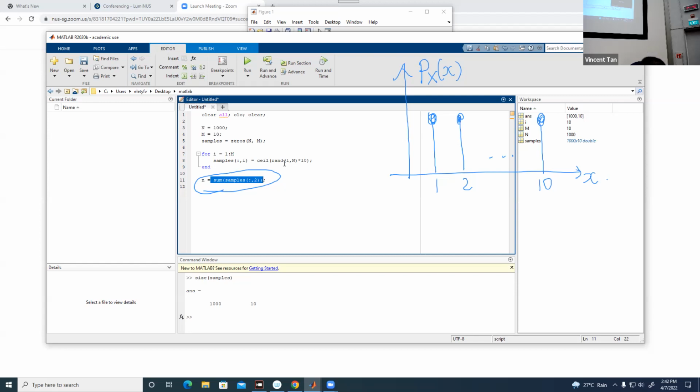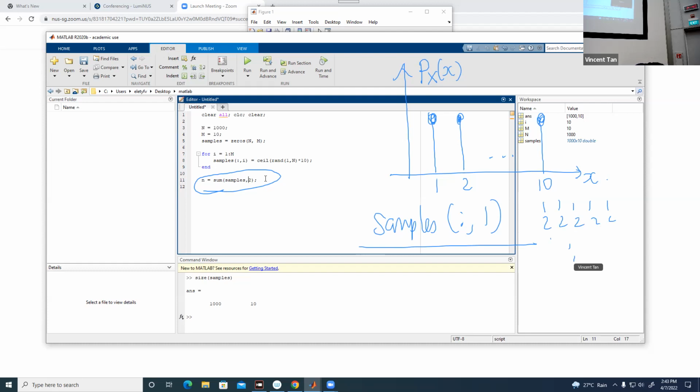Just now in this particular variable, samples, what we have was a bunch of ones and a bunch of twos and so on and so forth.